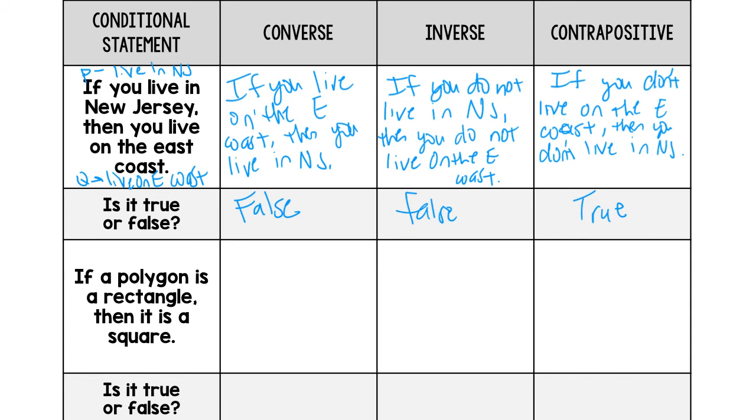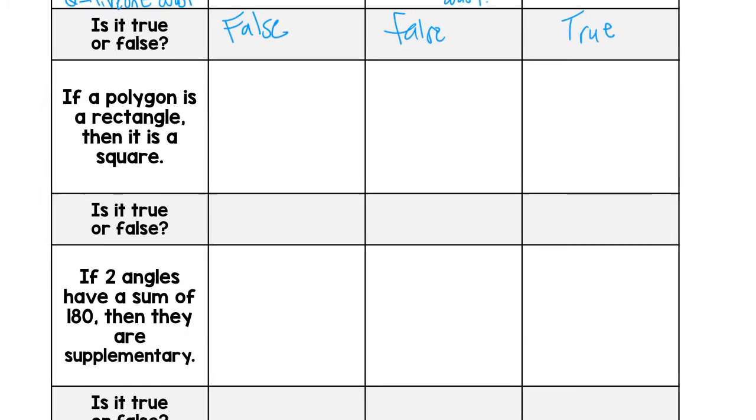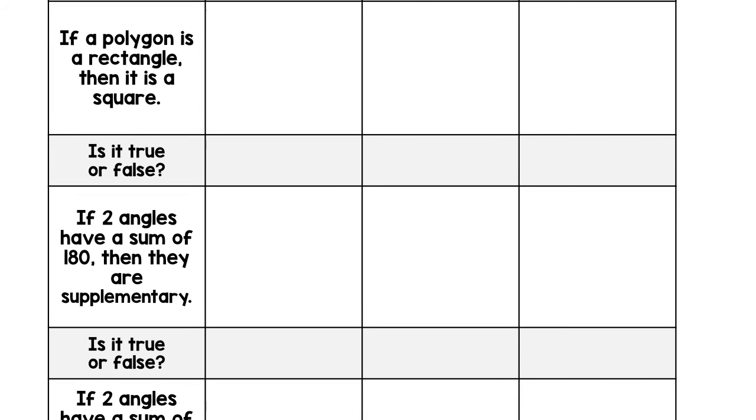Let's do another. Scroll it on down here. If a polygon is a rectangle, then it is a square. So let's say P is the polygon is a rectangle. Q, it is a square.